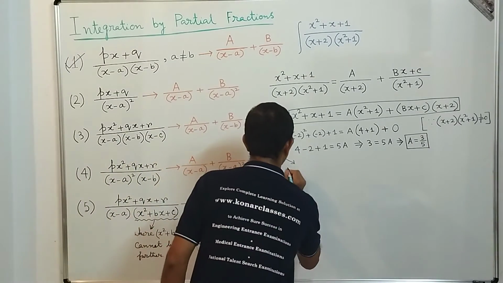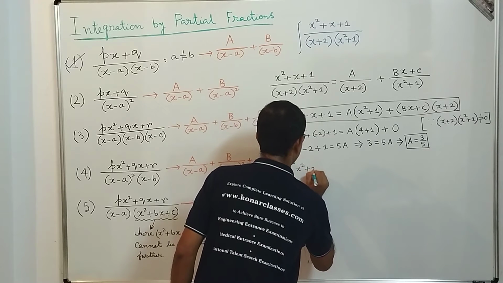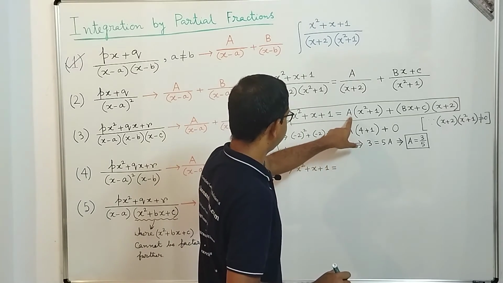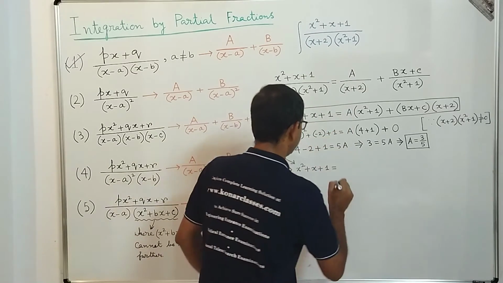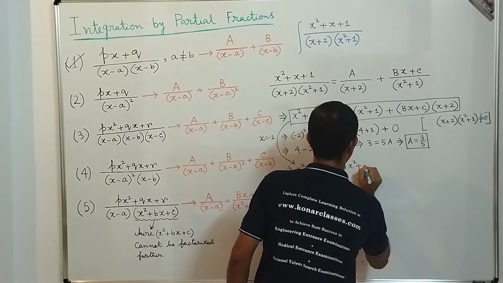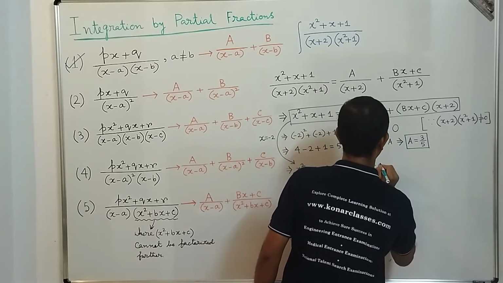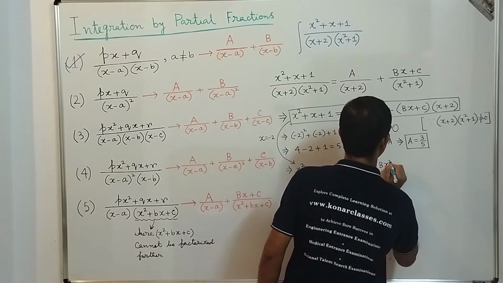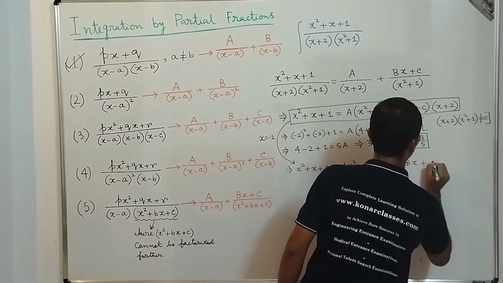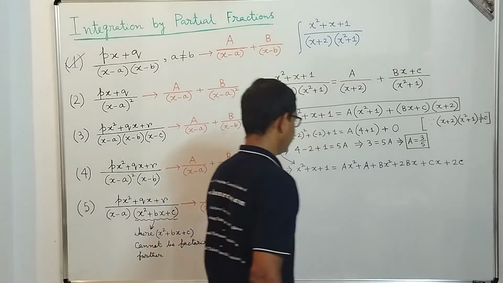So we get x square plus x plus 1 on the left hand side as it is, and the right hand side will be a into x square plus a into x square plus a plus b into x square plus 2 into b into x plus c into x plus 2 into c.